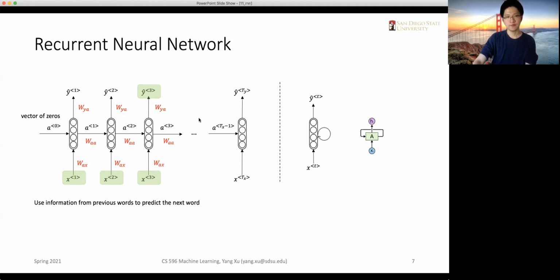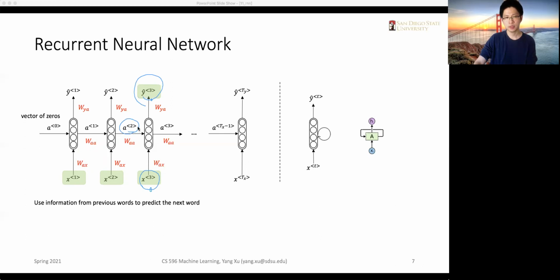So for this particular time step at t equals 3, the third time step, we see that the output y hat 3 actually relies not just on x3. It's not just reliant on the input at time step 3, because it also depends on what A2 is.